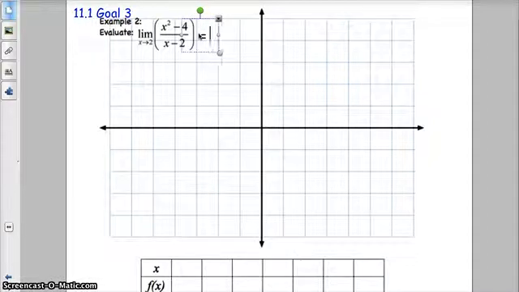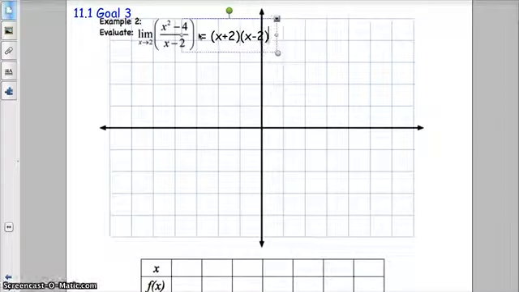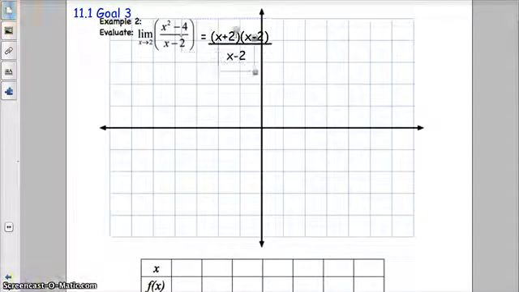But let's go ahead and factor the numerator. When we factor the numerator, that's x plus 2 times x minus 2, and that is divided by x minus 2. Now, the first thing I notice after I factor is that the x minus 2's will cancel.